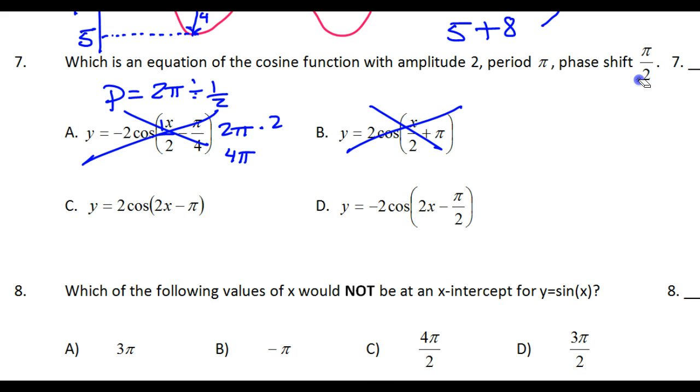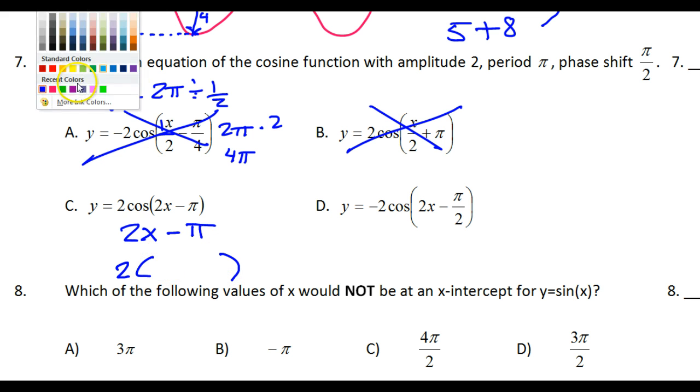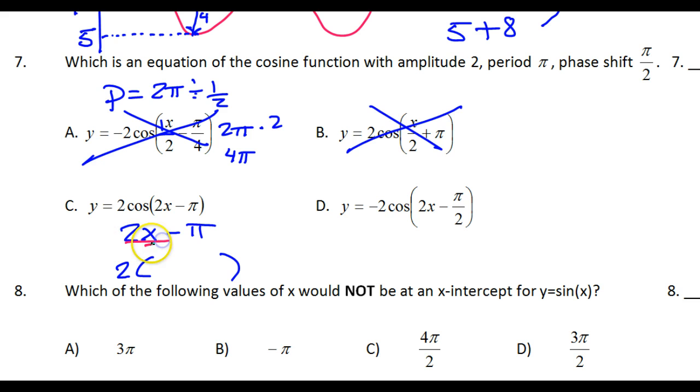All that's left is the phase shift, which is supposed to be pi over 2. So the phase shift comes from this part that's like 2x minus pi. But it happens once I pull the 2 outside of parentheses. If I do that, I'm going to wind up dividing both of these by the 2 to figure out what goes on the inside.